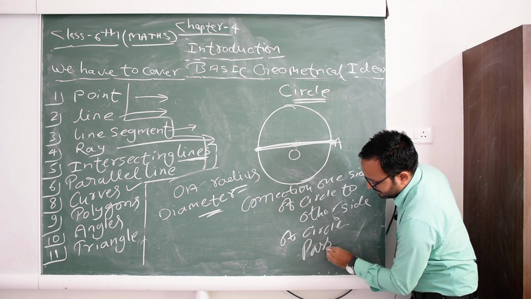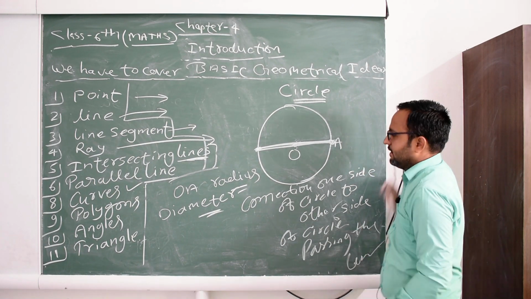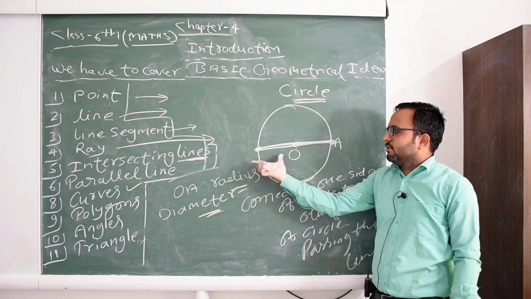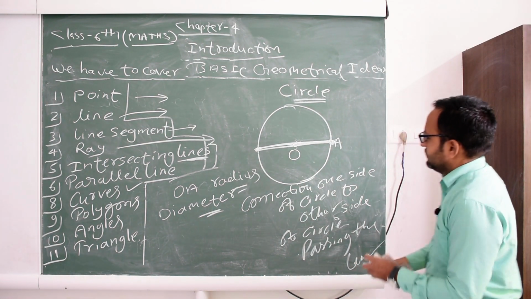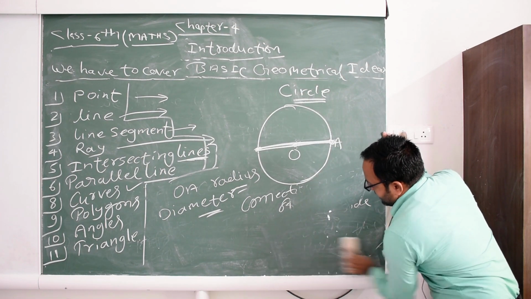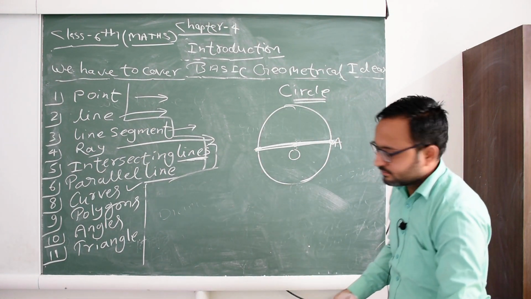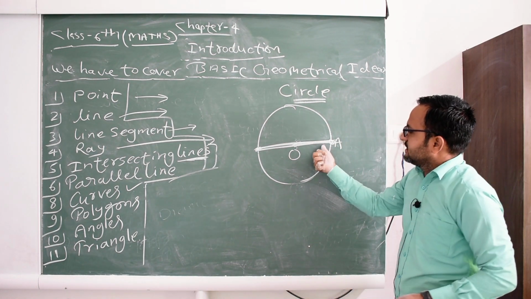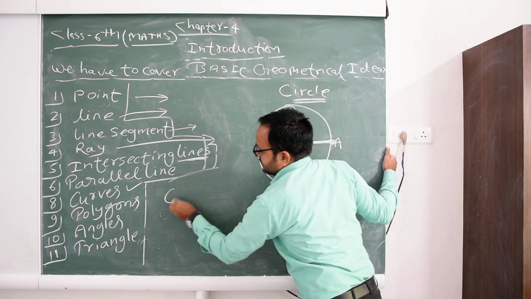Passing through the center, if it connects two points, it is called diameter. So now we discuss radius and diameter.